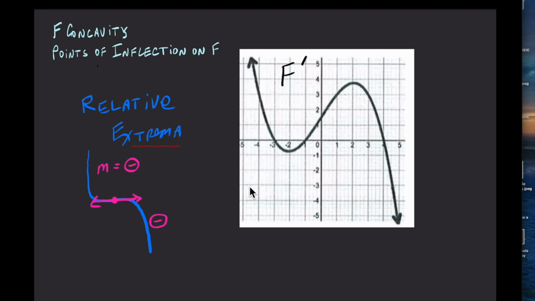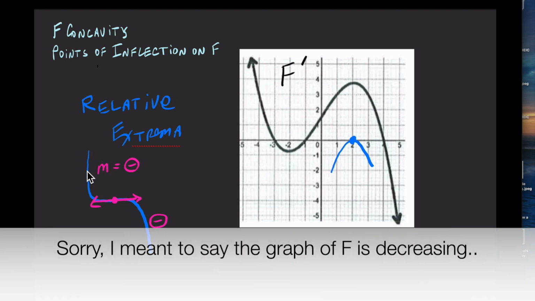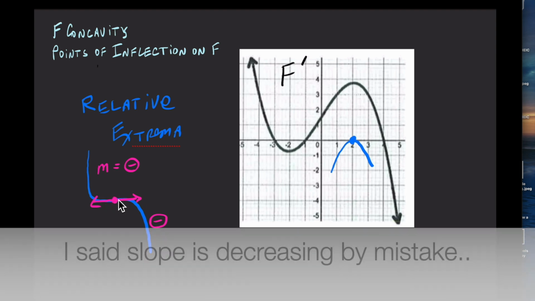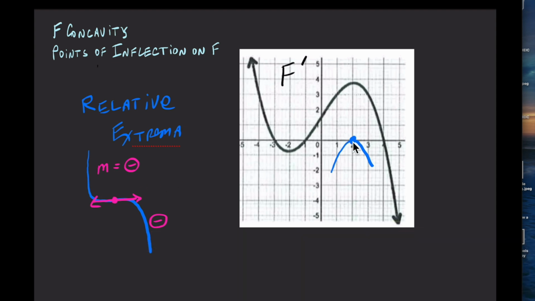Well, here it is. If you have a graph that bounces rather than goes through on the f prime graph, that'll fit this scenario. Look, f prime is negative. If the y value of f prime is negative, that means the slope on f is negative. The slope is decreasing. Here the slope hits 0. The slope on the f graph is the y value on the f prime graph, both 0.